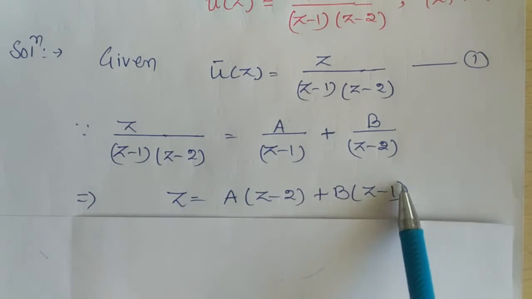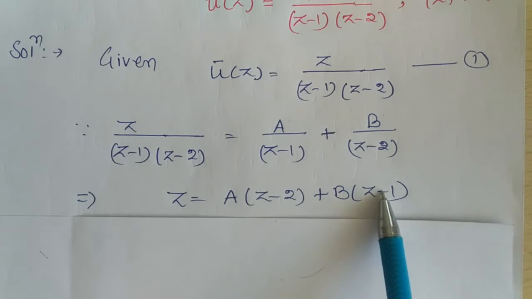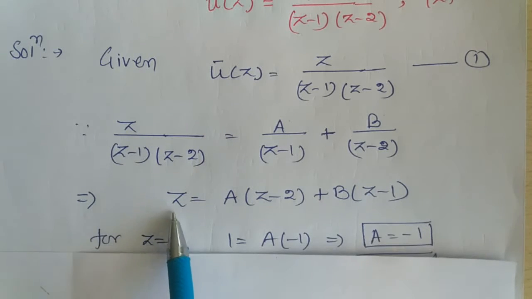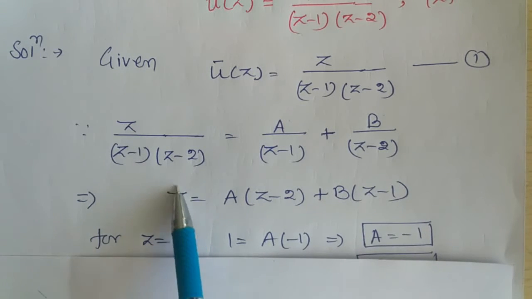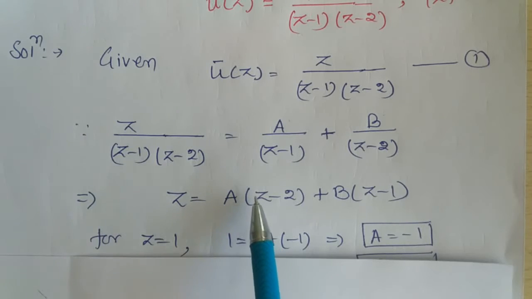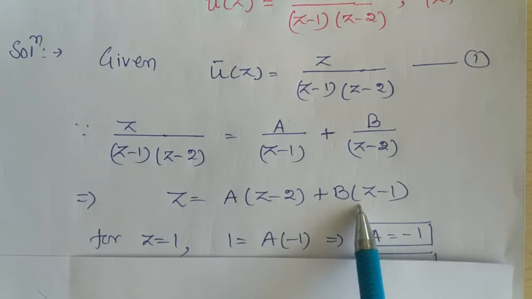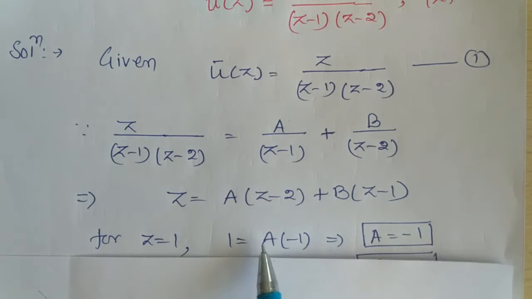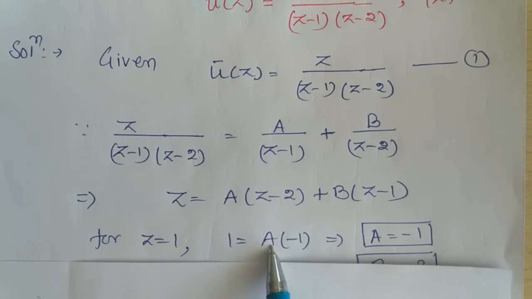Now for Z equal to 1, the second expression is 0. So for Z equal to 1, we get 1 equals A into (1 minus 2), which is minus 1. So this gives the value of A as minus 1.